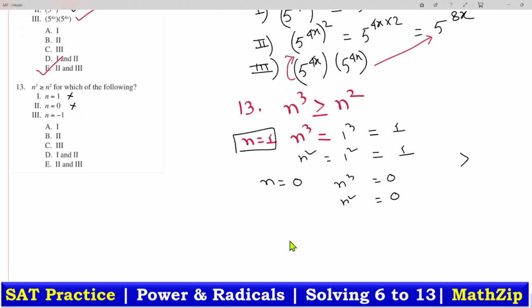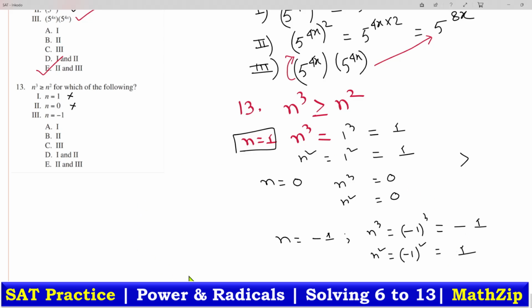What about n equals minus 1. Look, n cube, it means minus 1 cube, it means minus 1, right? Then n square equals what? Minus 1 square, it will become plus 1.